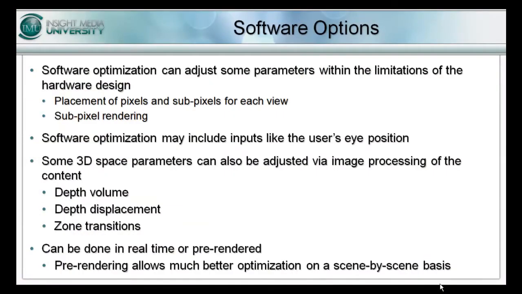Now, there are some ways that you can fine-tune this and optimize it through software options, and these are actually moving along quite nicely right now. So there are things you can do by readjusting how the pixels are placed, how the information is addressed at the sub-pixel level, and you can actually do some sub-pixel rendering to try and improve this also.